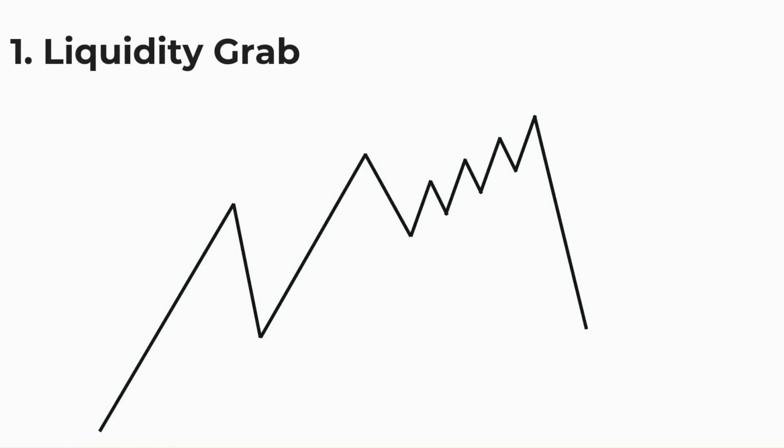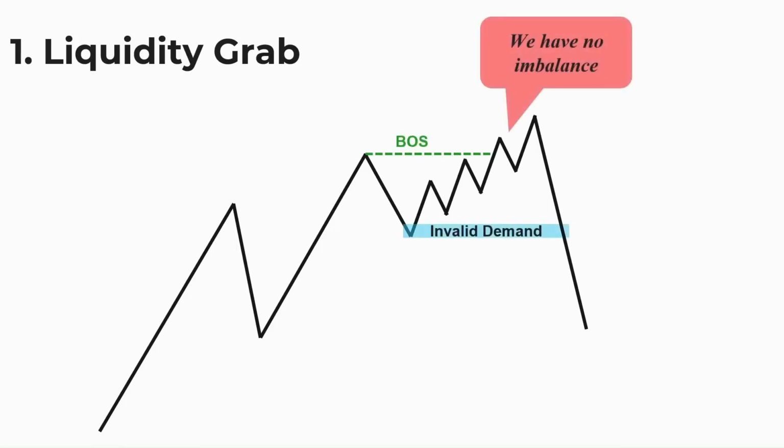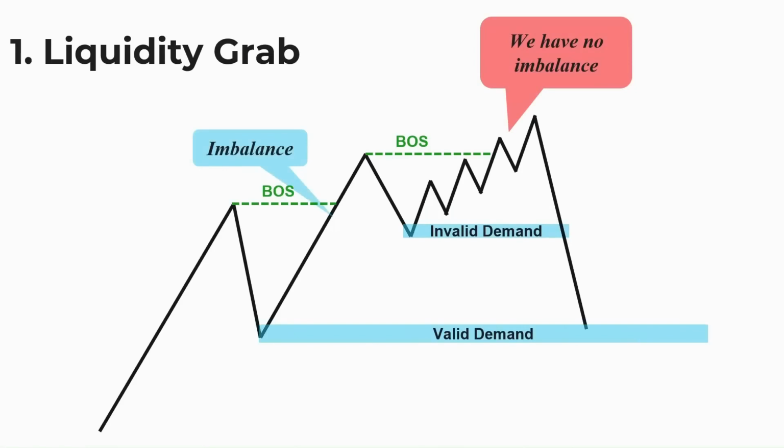In front of the market, next we have a common liquidity grab pattern. This pattern happens when most traders take a fake out as a change of character and the market continues to push in the same direction when it reaches a valid supply or demand zone.